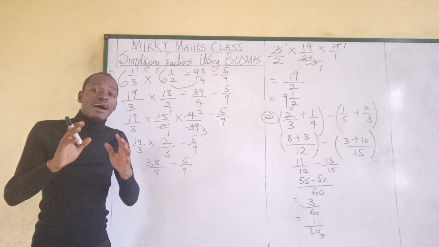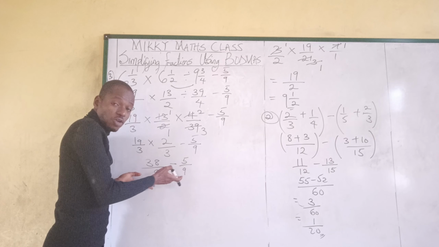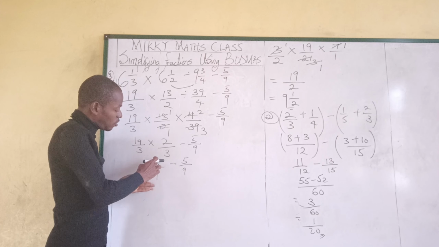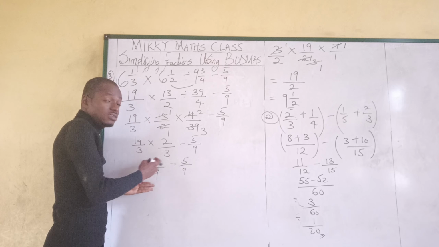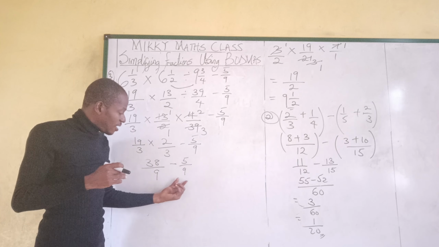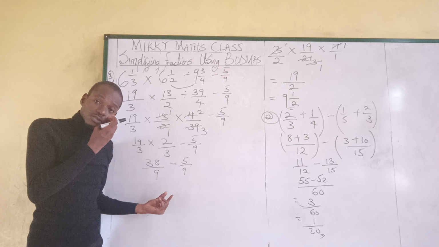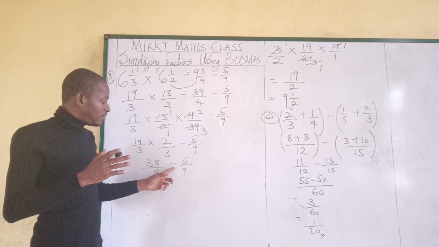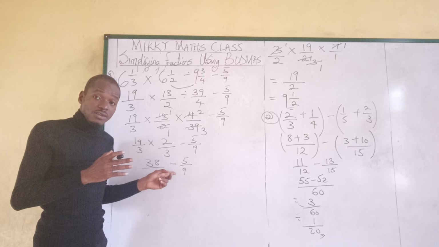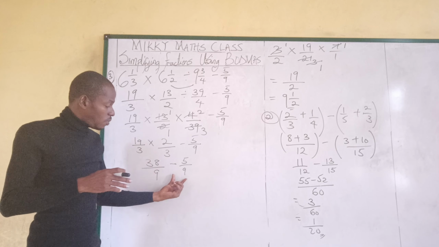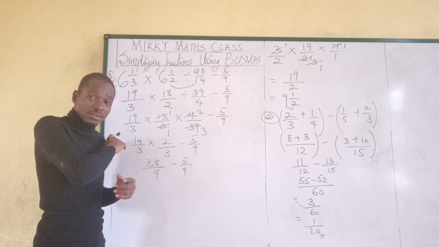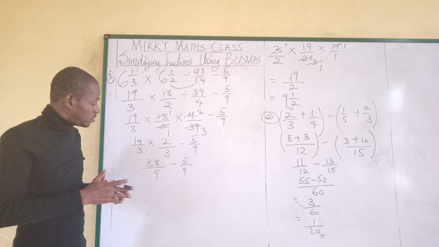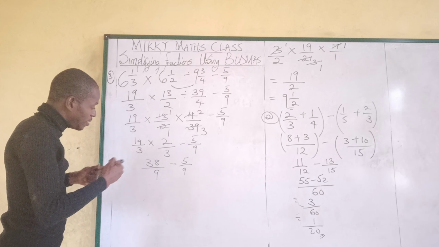Now, since they have the same denominator, I will just end up subtracting the numerators. If two or more fractions have the same denominator, whatever the order of operation is, I'll just take one of the denominators and carry out the operation with the numerators.